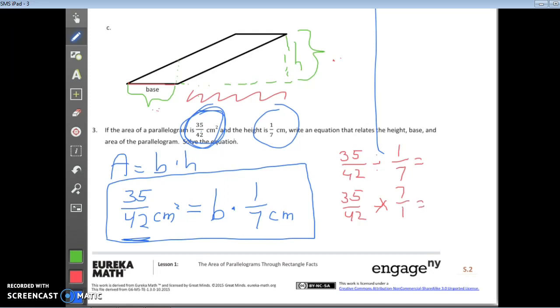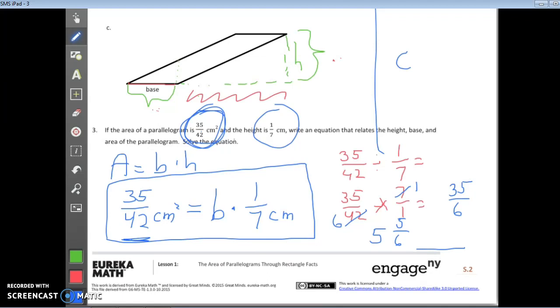I am going to cross simplify. That's going to become a 6. That's going to become a 1. And that's going to equal, now I'm going to multiply numerator straight across. It gives me 35/6. And I'm going to make that into mixed numbers. 6 goes into 35 5 times. And that means I'm taking 30 away, so there's 5 left. And then there's 6. But now I need to add the unit.